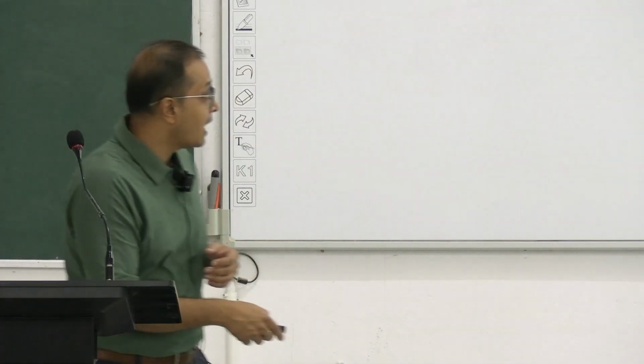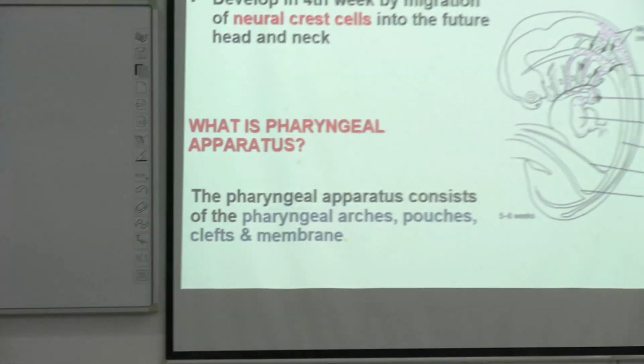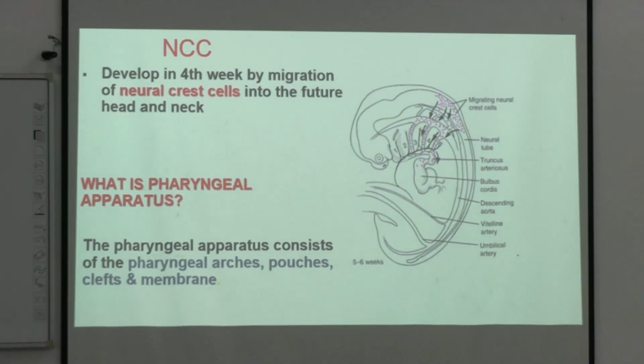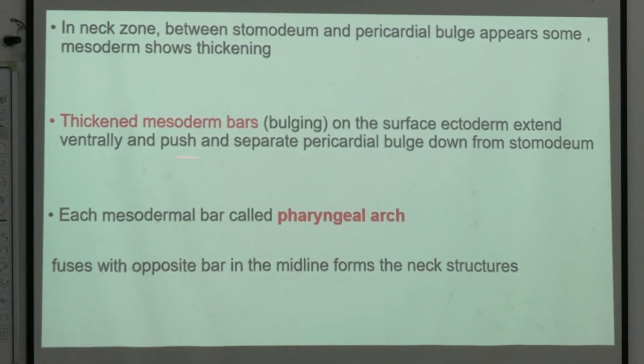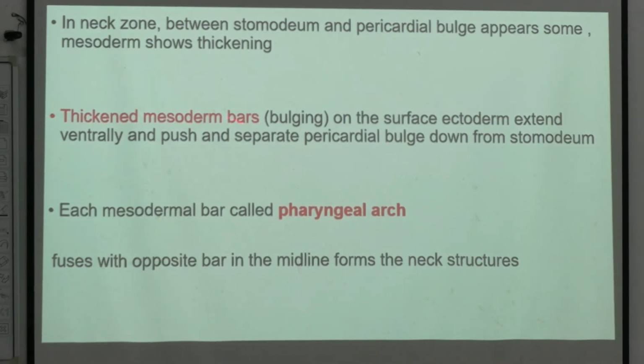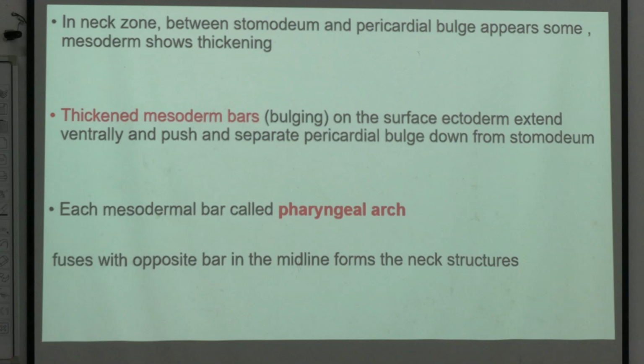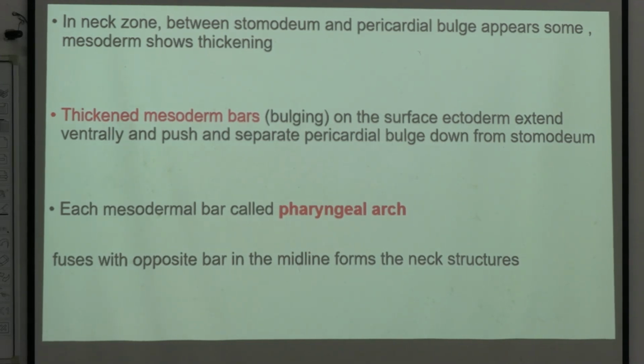So once again we have this element which we started with. We have these elevated bars of mesodermal tissue. We call these bulges arches, and these arches are the cornerstone, or the initial stepping stone, for neck development. These elevations of bulge come from the mesodermal tissues, and this bulginess increases with time.